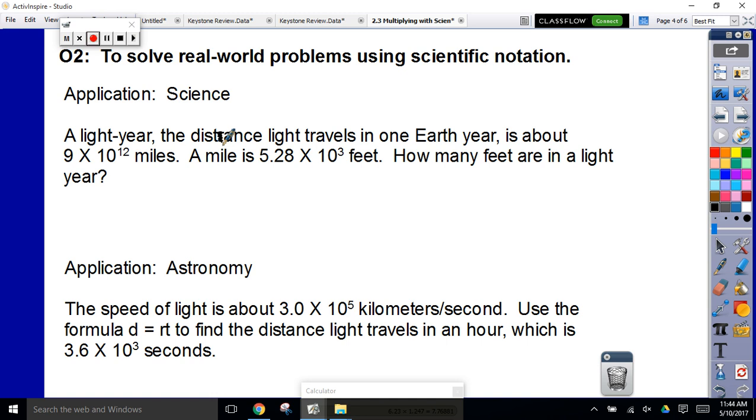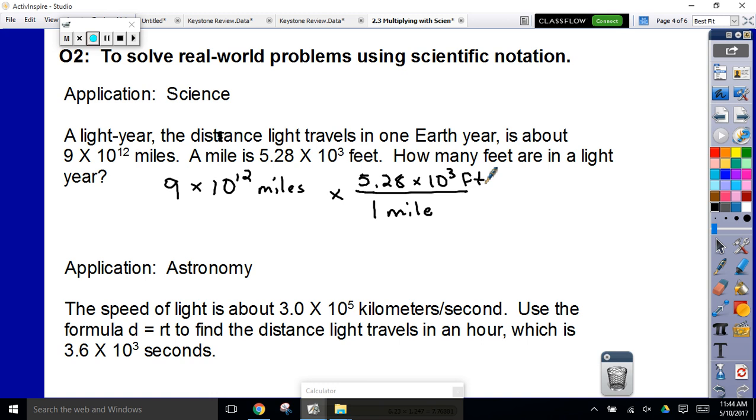So we have 9 times 10 to the 12th miles. And we know that a mile is this many feet. Now, how you can multiply this is using something called a conversion factor. If you're not sure what to do, you can think of it this way. There are 5.28 times 10 to the 3rd feet in 1 mile.